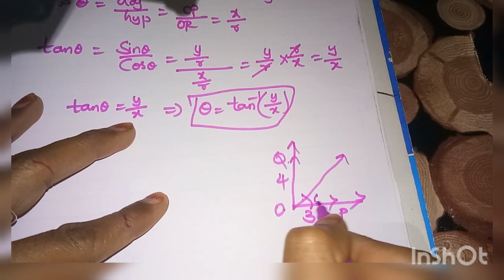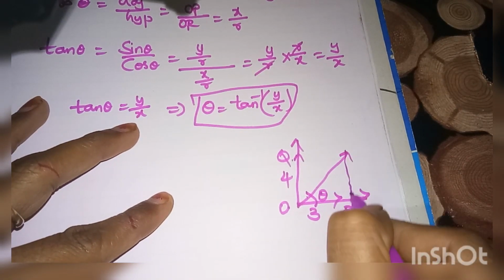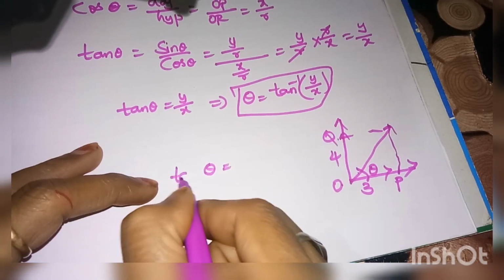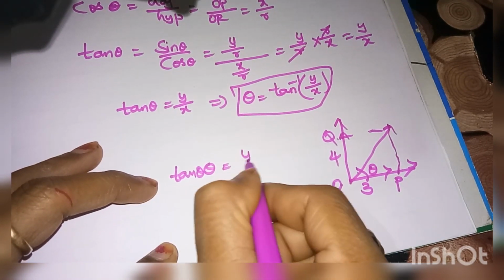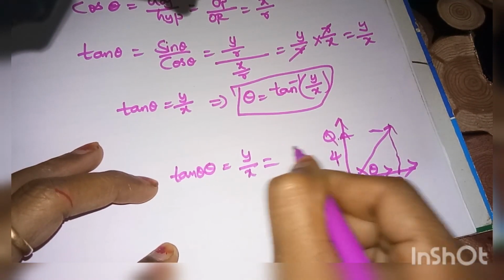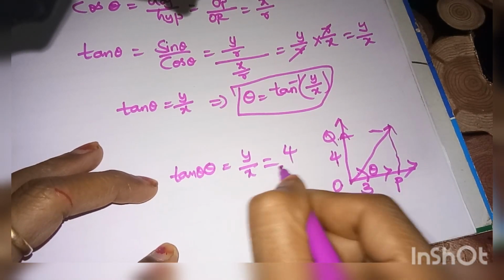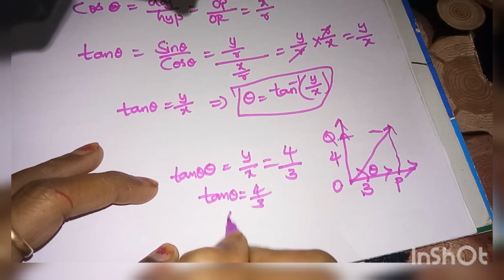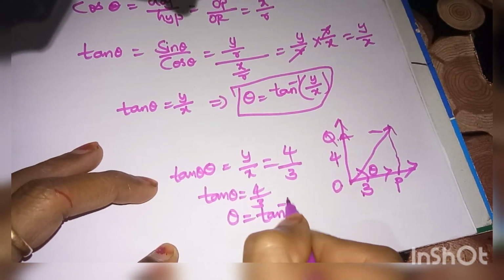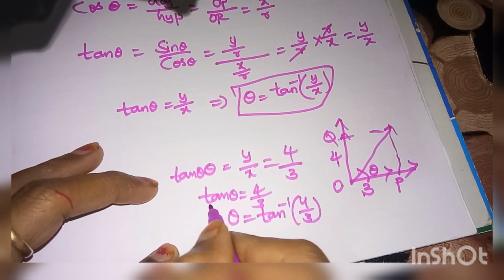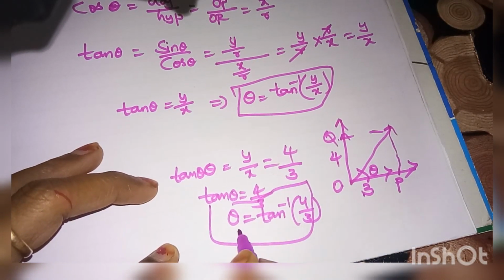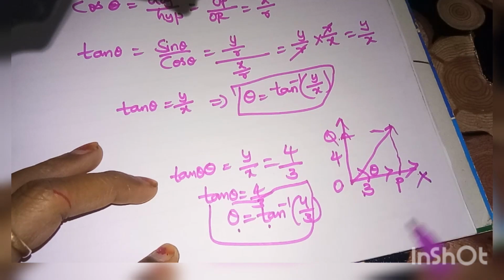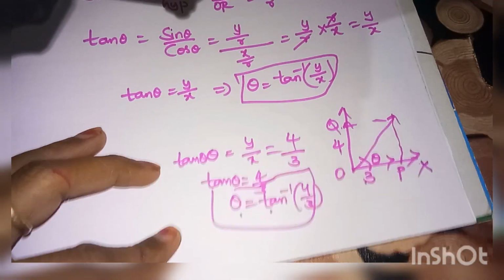This is the angle theta. You draw the perpendiculars, then tan theta equals y by x. What is y here? 4. And what is x here? 3. So tan theta is equal to 4 by 3 and theta equals tan inverse of 4 by 3. This is the angle made along the x-axis.